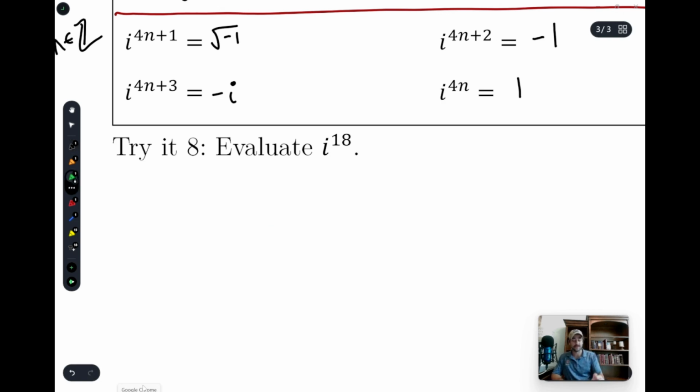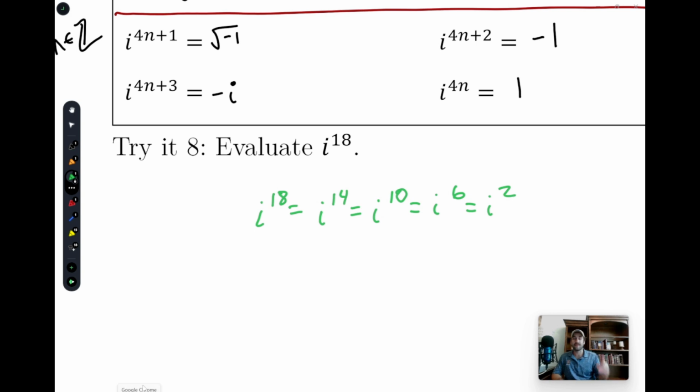Or if you want to be even more careful, just because you're taking a test and you don't want to mess up and you want to do a good job, you could take that 18 and chunk it down by 4. So this i to the 18 is actually going to be the exact same thing as i to the 14, which is exactly the same thing as i to the 10, which is exactly the same thing as i to the 6, i to the 2, and we just said that's negative 1. And there's that remainder showing up in the exponent.